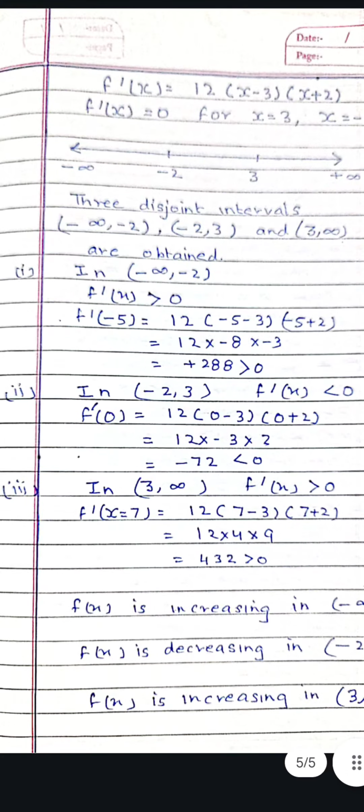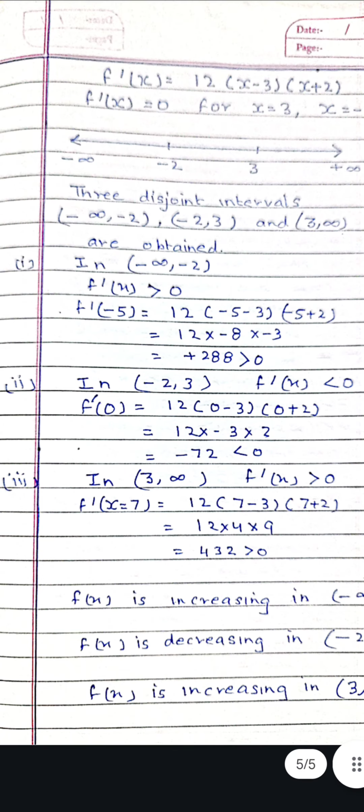If we take a number in the interval minus 2 to 3, say 0, we get minus 72 less than 0, that is negative. And in the third interval 3 to infinity, taking x = 7, we get 12(7 minus 3)(7 plus 2), again it is coming positive.